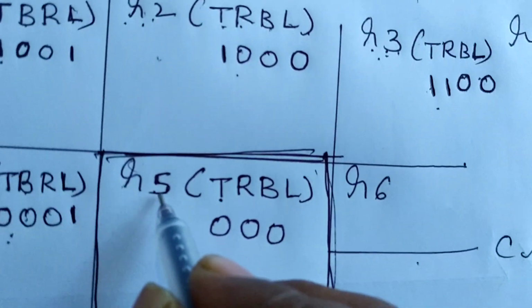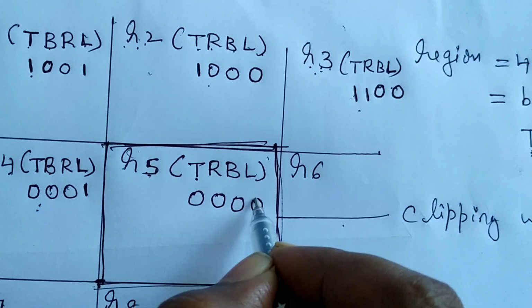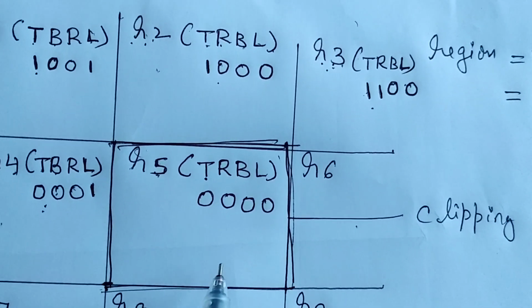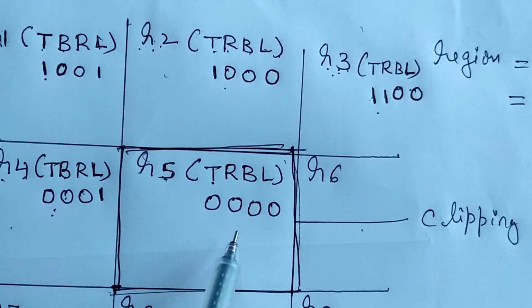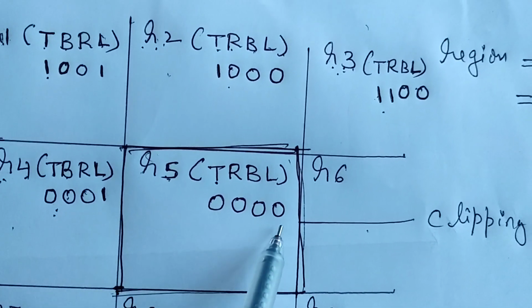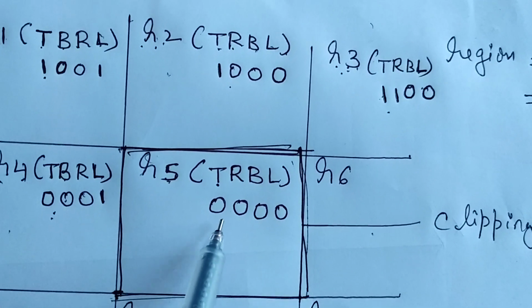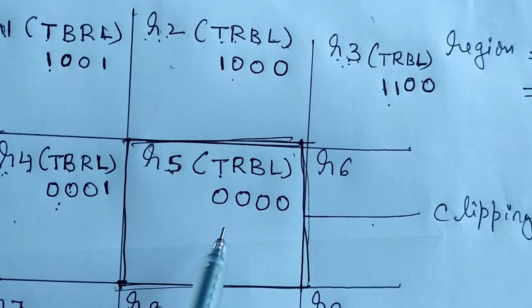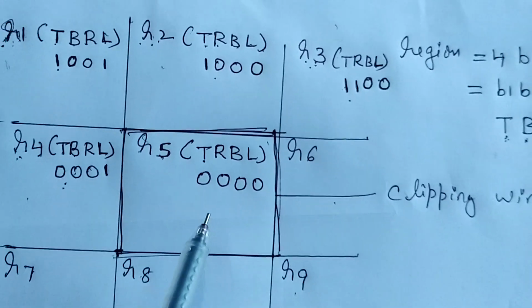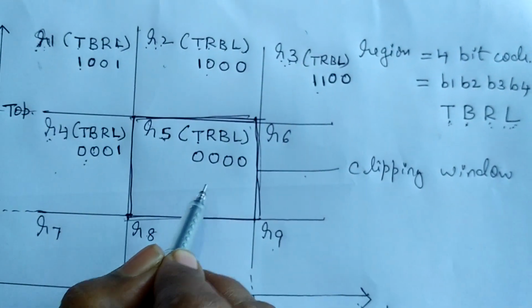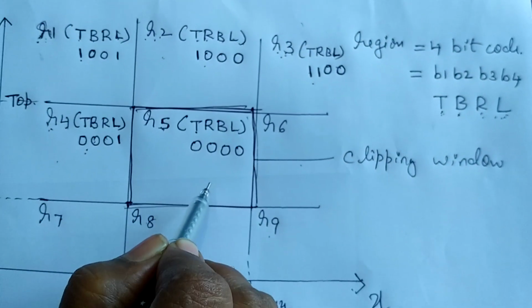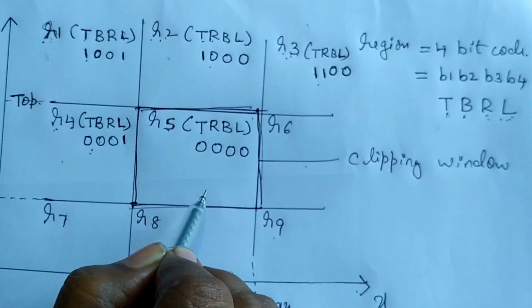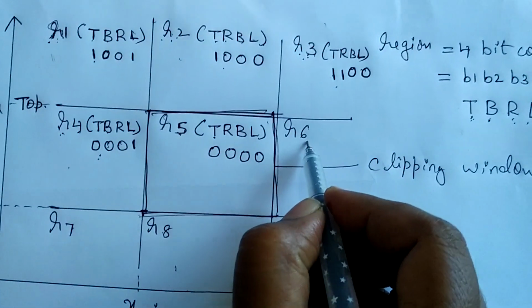Is it on the left side of the window? No, 0. So we need to observe that the clipping window bit code will be 0000. This is the concept we will use in the line clipping algorithm. When the bit code of a region is 0, that indicates that our line segment is completely visible inside the clipping window.